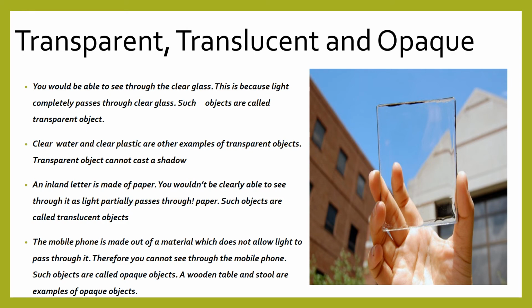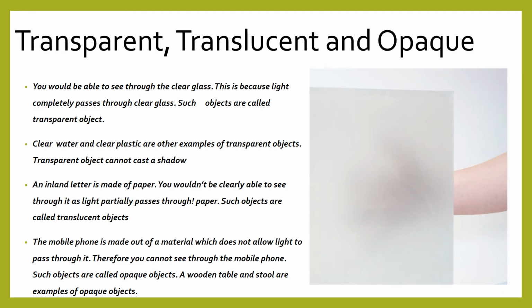So an inland letter is made up of paper, you wouldn't be clearly able to see through it as light partially passes through. See, light does not pass wholly. It passes partially. Very little amount of light passes.